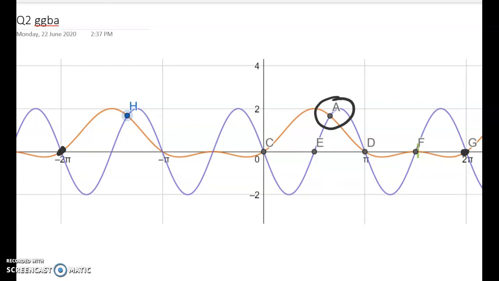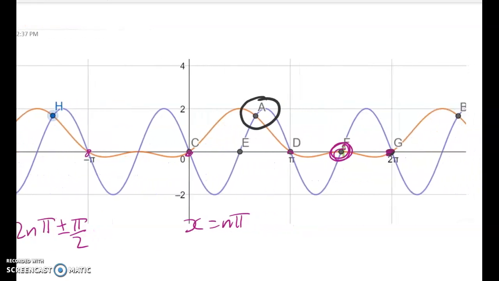Now the h and the a points are okay, but here I've got negative pi, so the multiples of pi are definitely good, and they came from x equals n pi. But the last of the general solutions was x equals 2n pi plus or minus pi on 2. So 2n pi minus pi on 2 gets me this one, and then but 2n pi plus pi on 2.